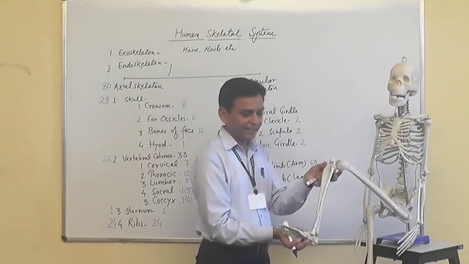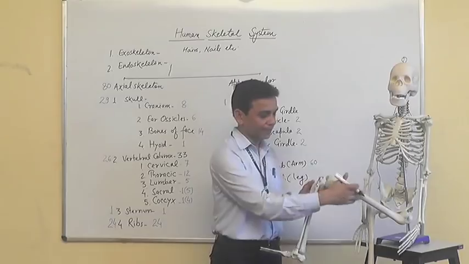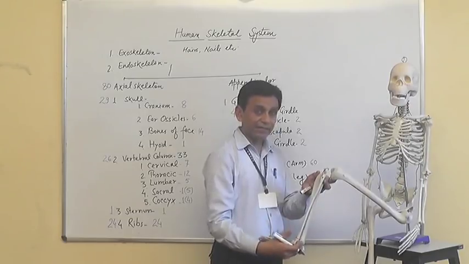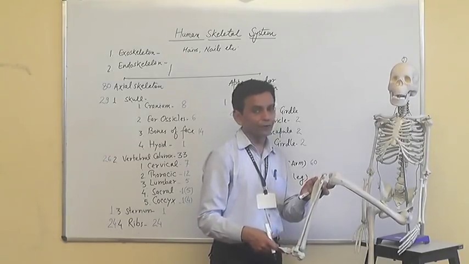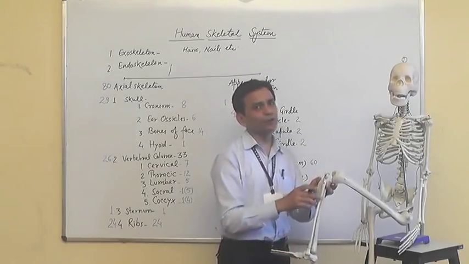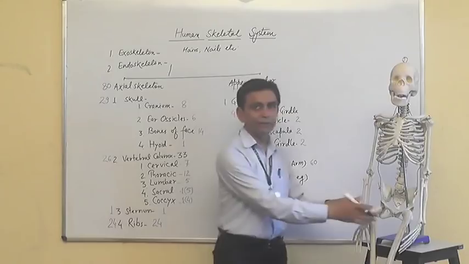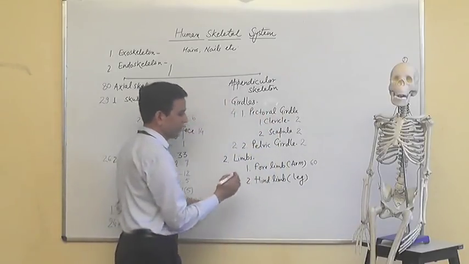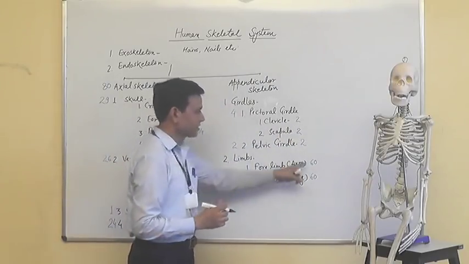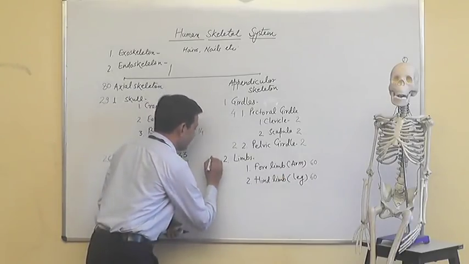Here 5 metatarsals and here 14 phalanges. 1 patella, so 1 femur, 1 tibia, 1 fibula, 1 patella, 7 tarsals, 5 metatarsals and 14 phalanges. 2 in our thumb and 3 phalanges in each of our digit. So there are 30 bones in each leg. We have 2 legs, so total bones are 60 in our hind limb. 60 plus 60, so total bones in our limbs are 120.